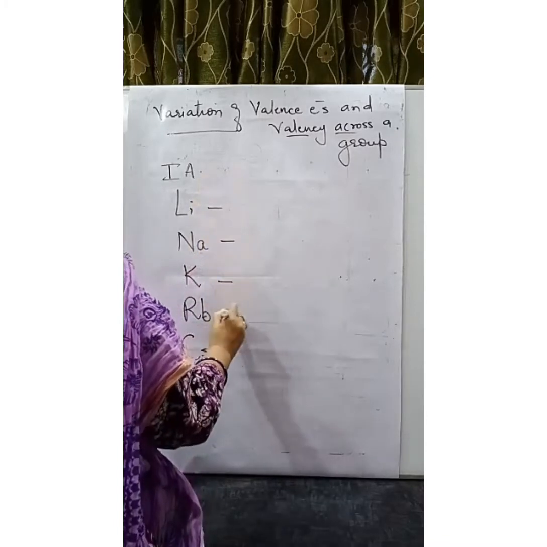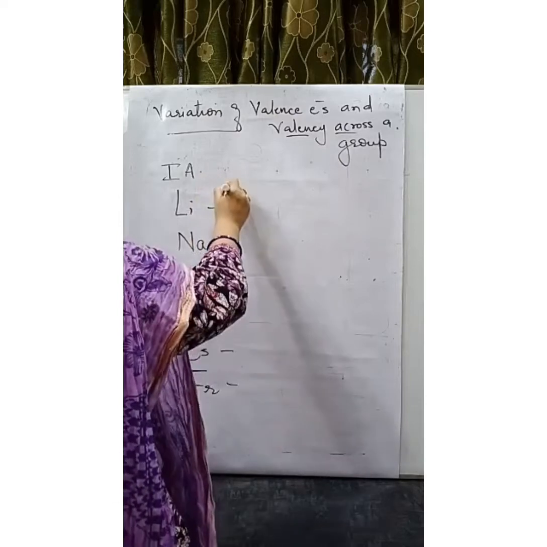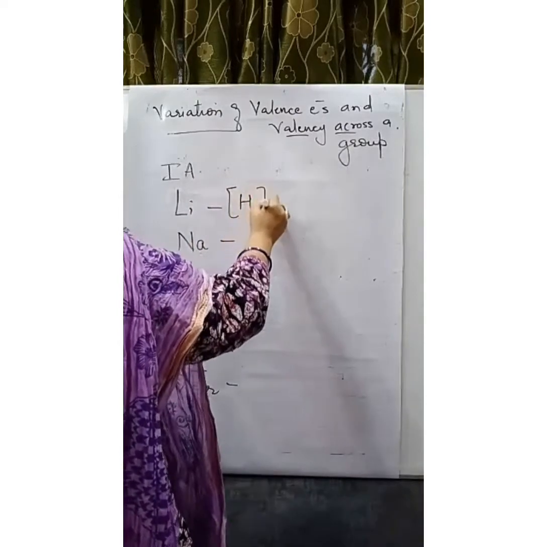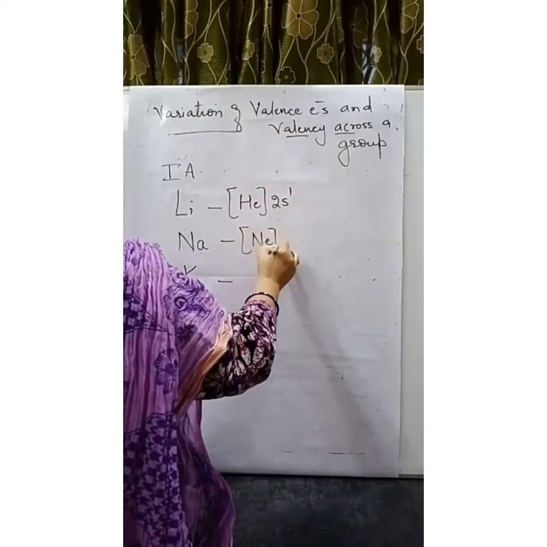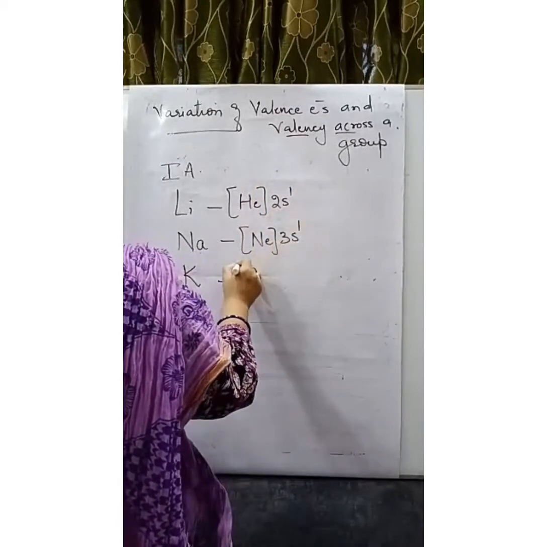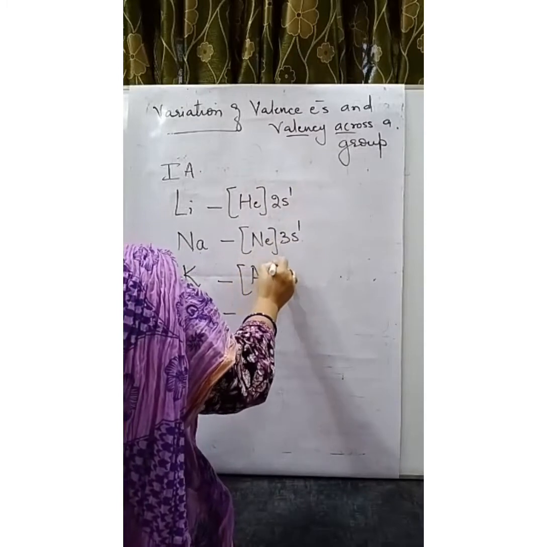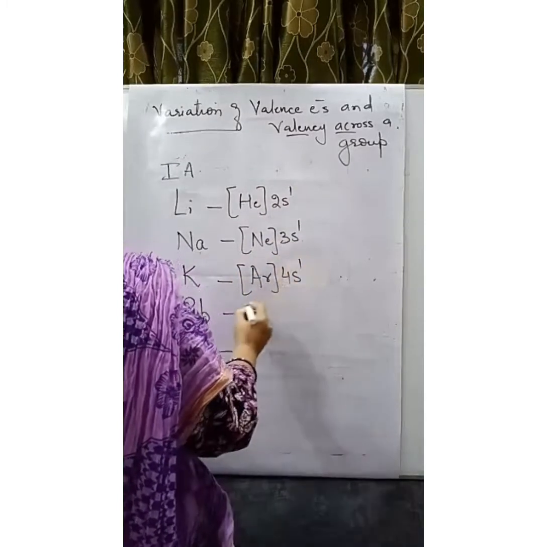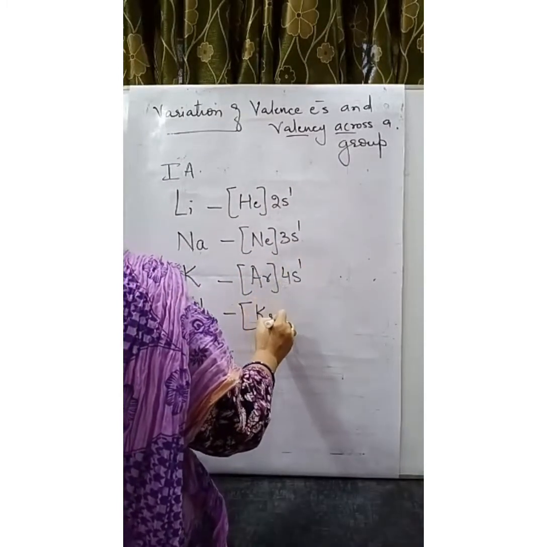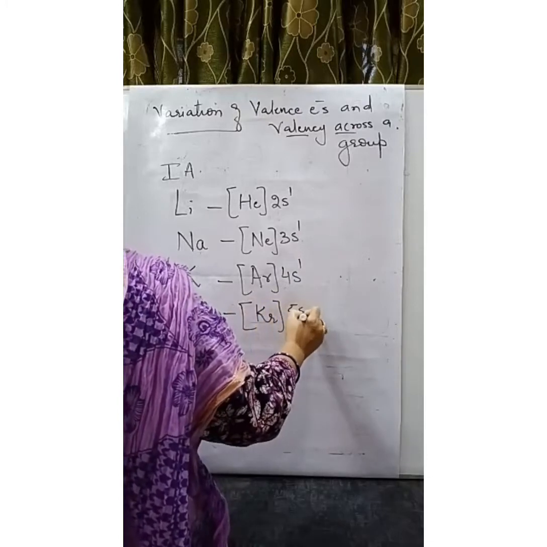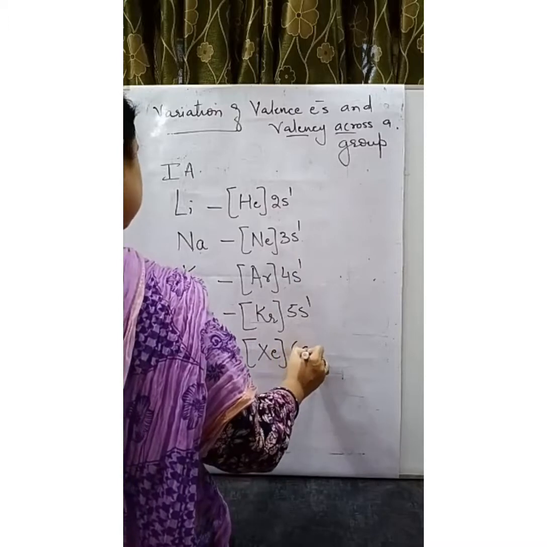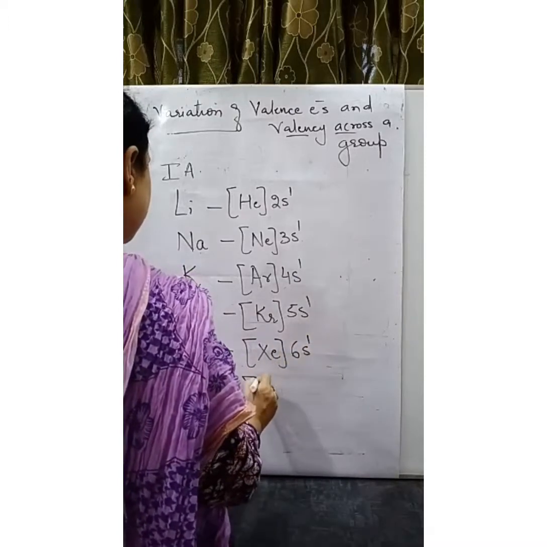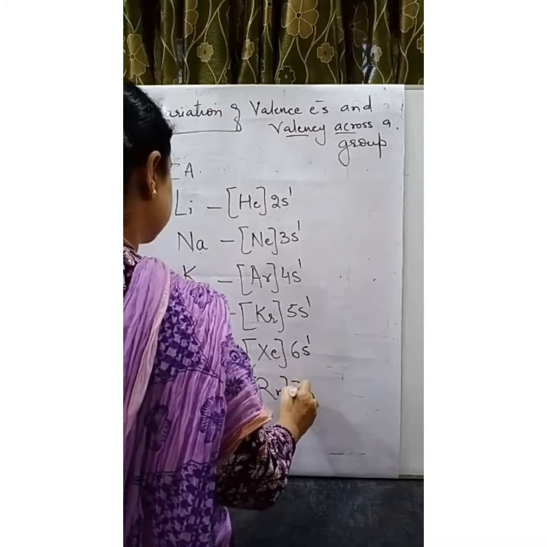I can put down the shortcut electronic configuration: helium 2s1, neon 3s1, argon 4s1, krypton 5s1, xenon 6s1 and radon 7s1.